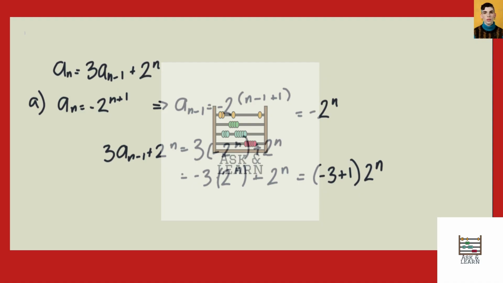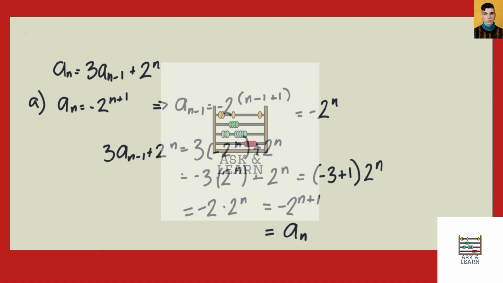So we're just kind of moving things around a bunch. So this is the same as -2 times 2 to the power of n, which is equal to -2^(n+1), which is equal to a_n, right? Which is what we wanted to show.